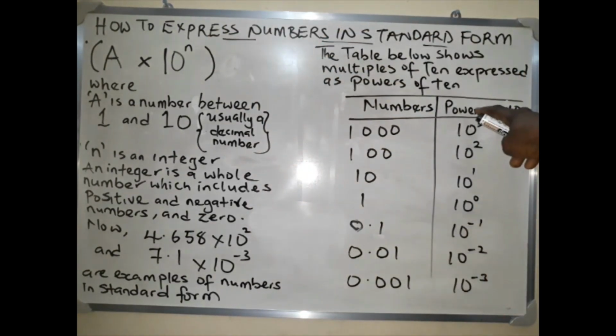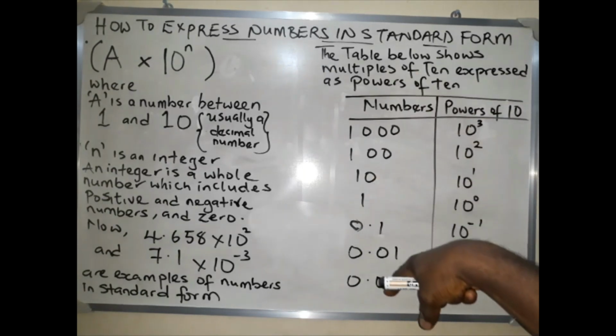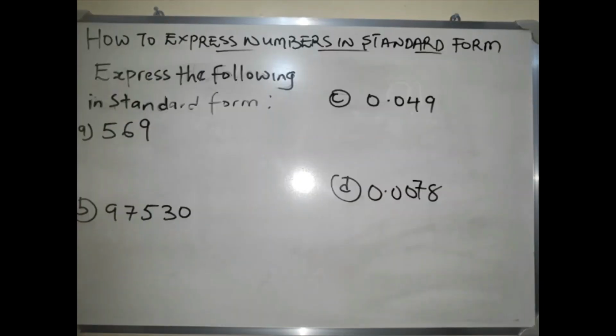They represent the powers of 10 that you will multiply the number you have been given with in order to express it in standard form. Now, it may not seem clear to you, but as we go into doing some worked examples, it will become clearer to you.